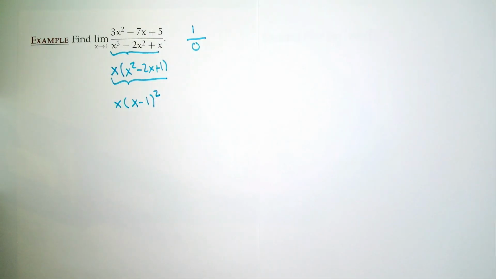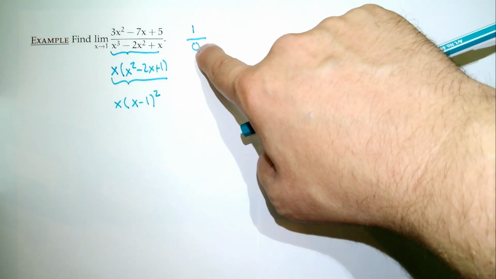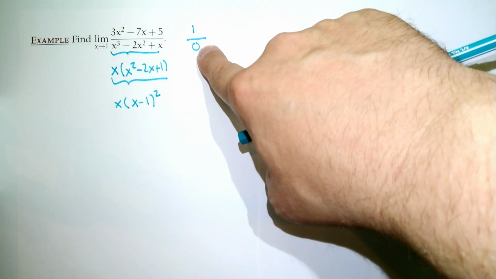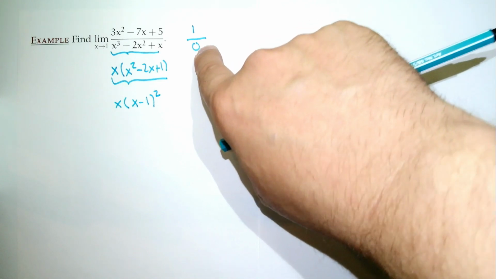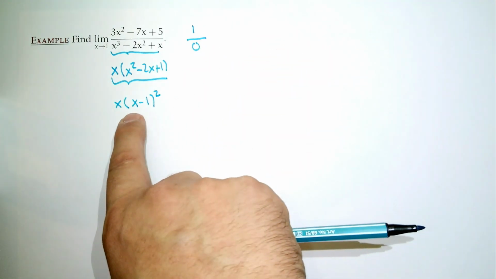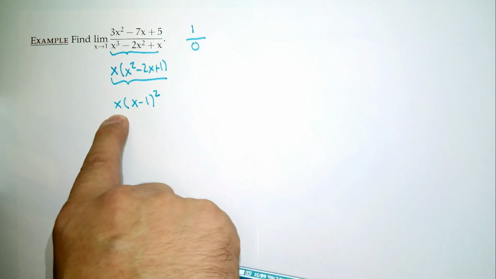Okay? So now let's think about what's happening here. To figure out the behavior, I want to say, okay, if I'm near 1, is this 0 coming from a very small positive or a very small negative? So let's think, I'm a number near 1. Will this x be positive or negative?